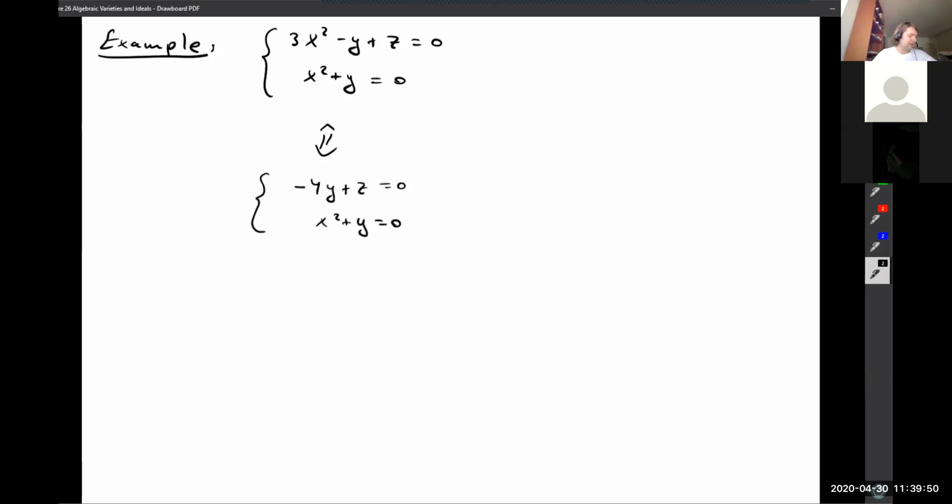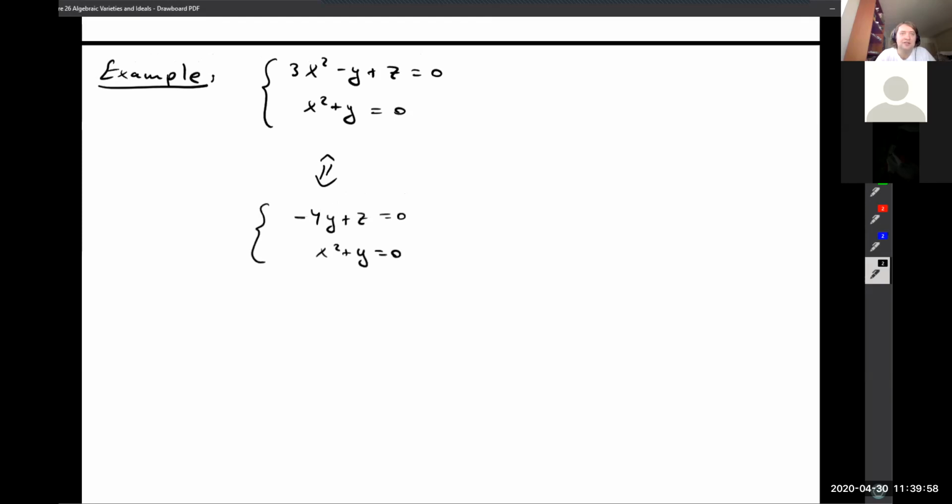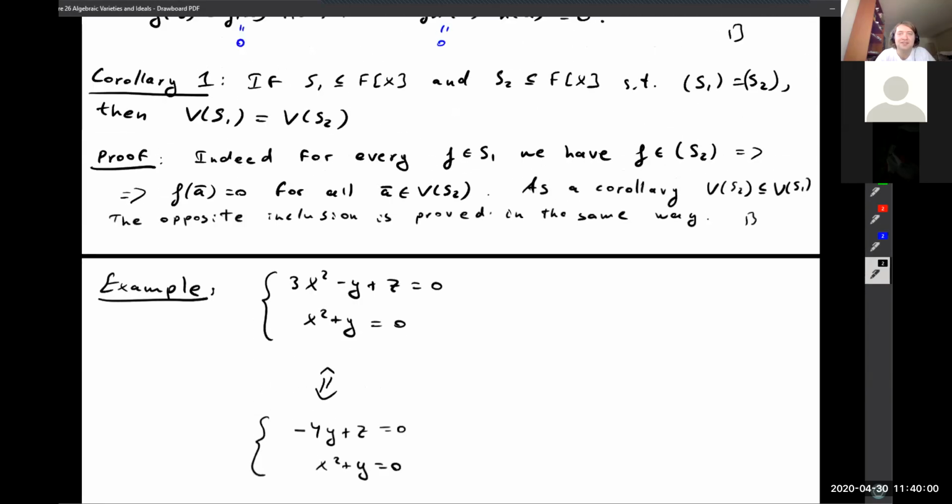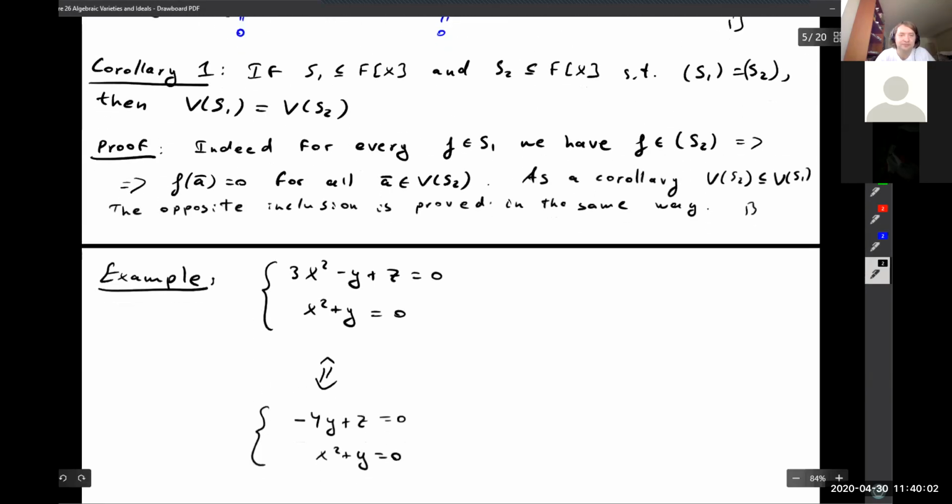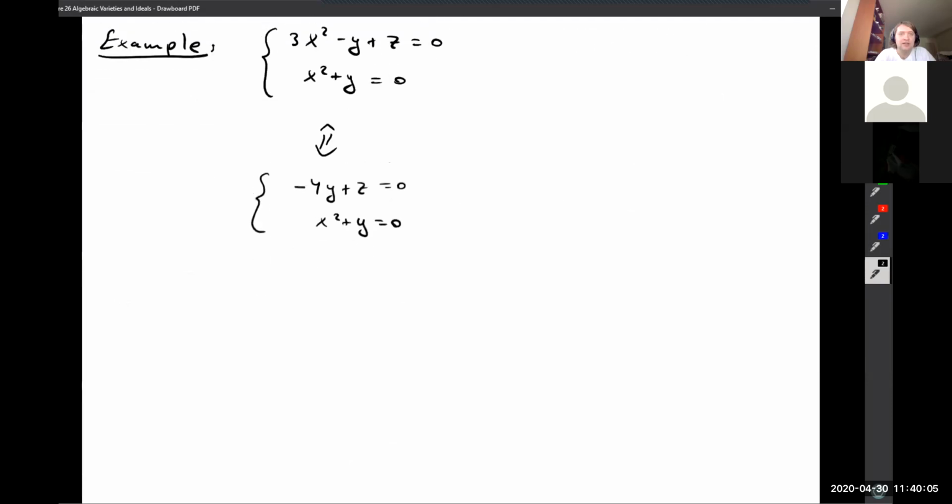Okay, so that's when you are solving systems of algebraic equations. That's precisely what you're doing. You're changing the generating set for the corresponding ideal. And that's okay.